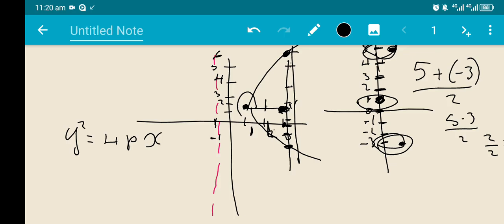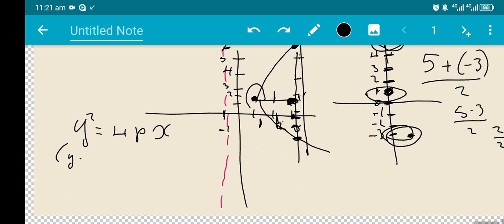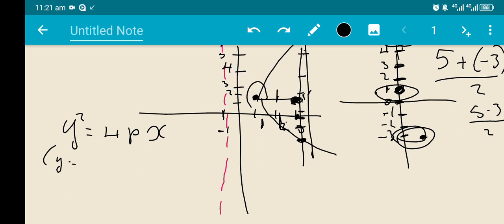Remember these are conic sections that are shifted, so this would be y minus k. Hold on, let me just zoom in a little bit. This would be (y minus k) squared equal to 4p (x minus h). That's our x there.